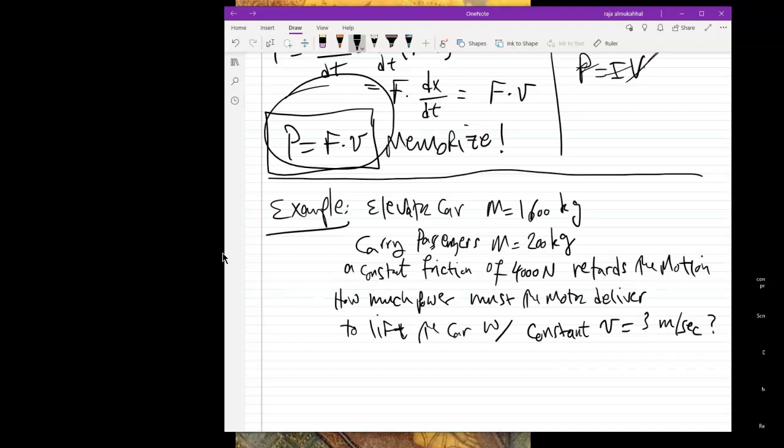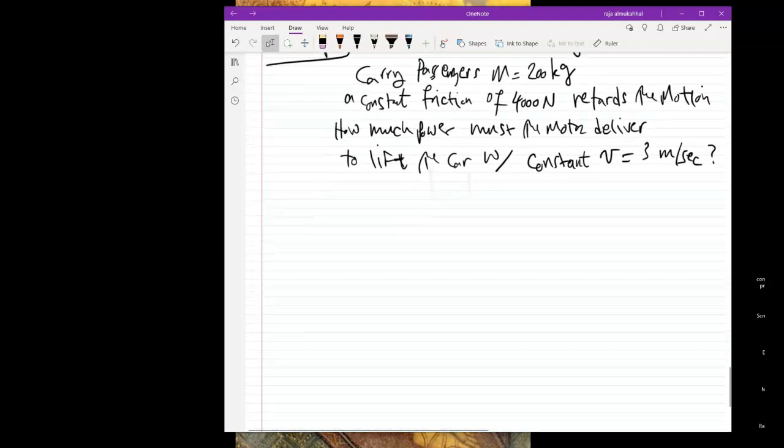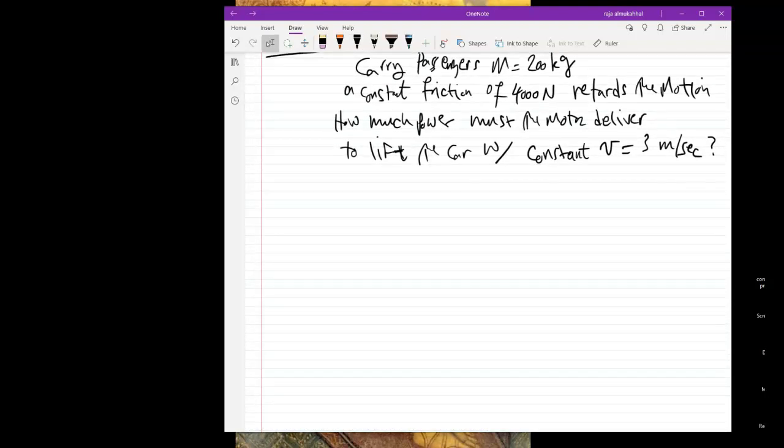And this retarding motion, or friction, is 4,000 Newton. Okay? How much power must the motor deliver? How much power does the motor have to expend, or consume, to lift the car with a constant velocity of 3 meters per second? You got that? 3 meters per second, that's about 6 miles an hour or something like that. Okay? So how do we do it?